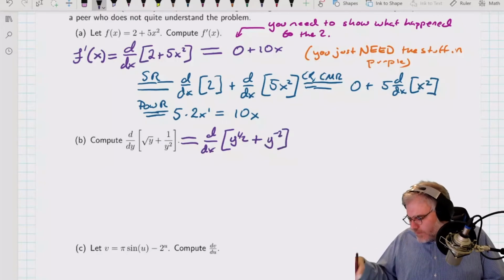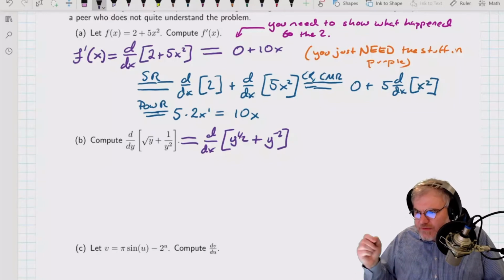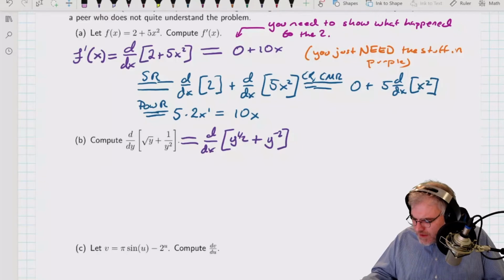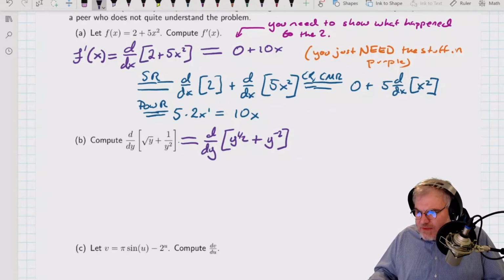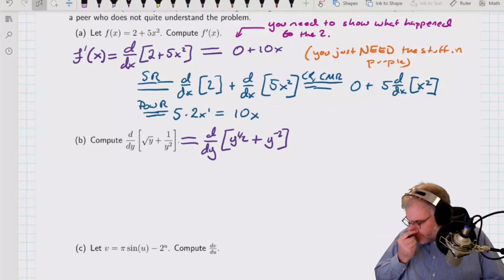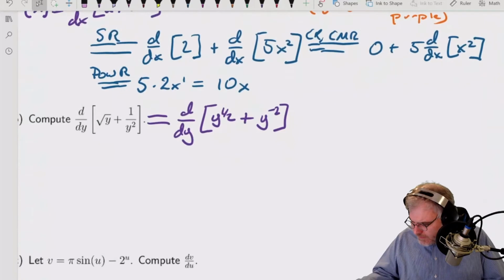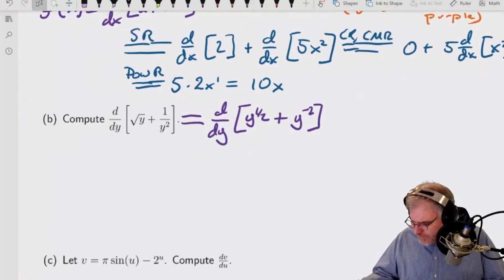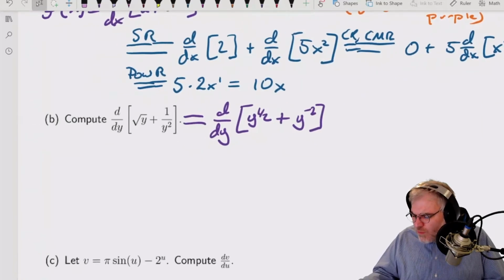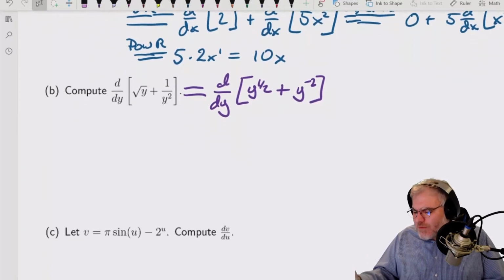I'll sum out the other one. I might just write algebra here just to remind myself. Note that I still have, oops, and that should be d over dy, not x. Notice I still have this take the derivative of thing. Right, because y to the 1/2 plus y to the negative 2 does not equal 1/2 y to the negative 1/2.